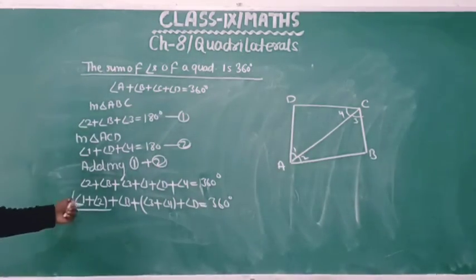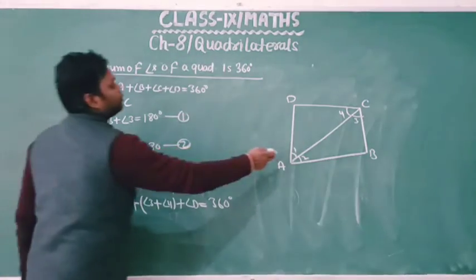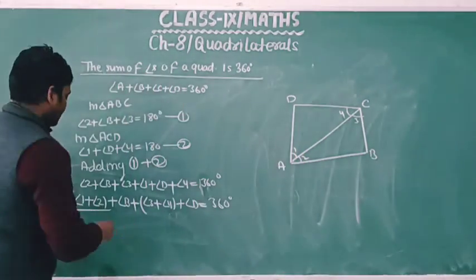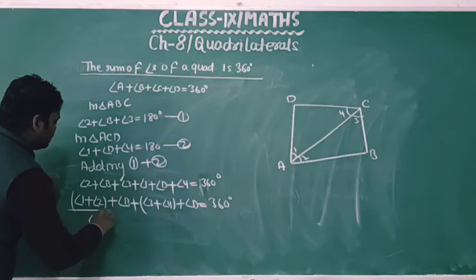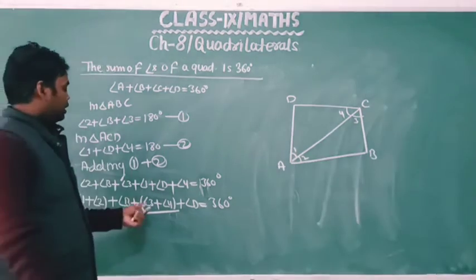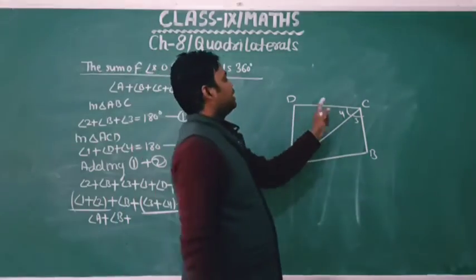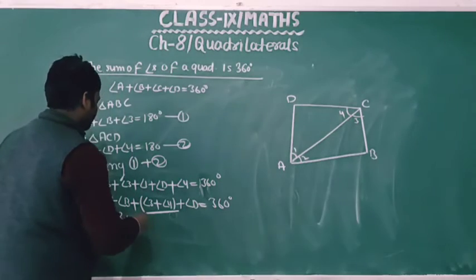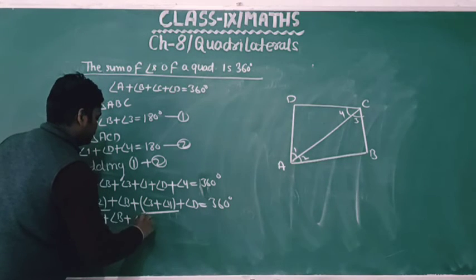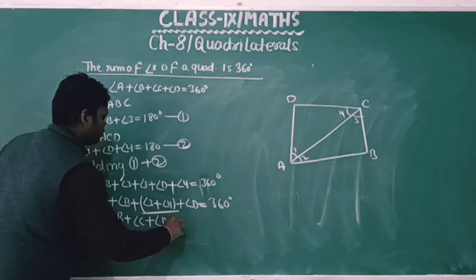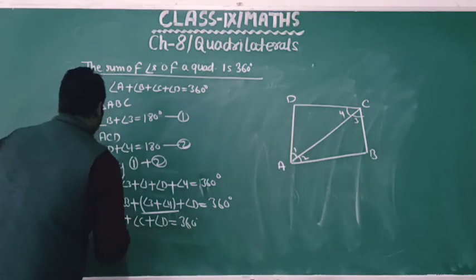Instead of angle 1 and 2, we can write angle A; from the picture we can see clearly. So this is angle A plus this is angle B, and also in place of angle 3 and angle 4, we write angle C. From the picture, this is angle C plus angle D equals 360 degrees.